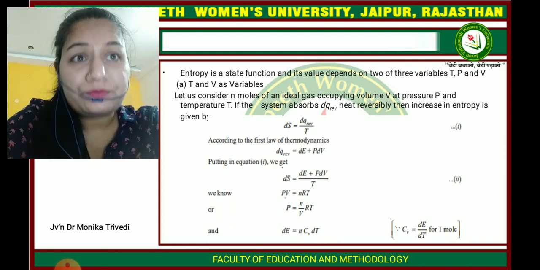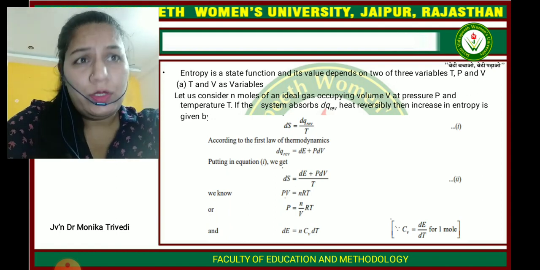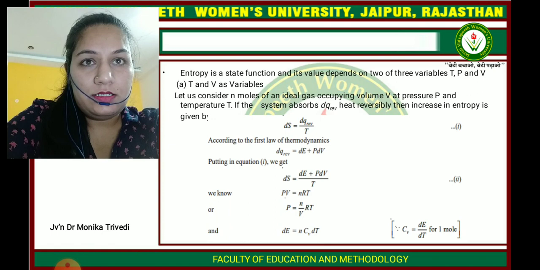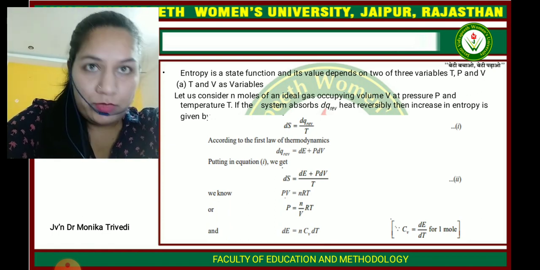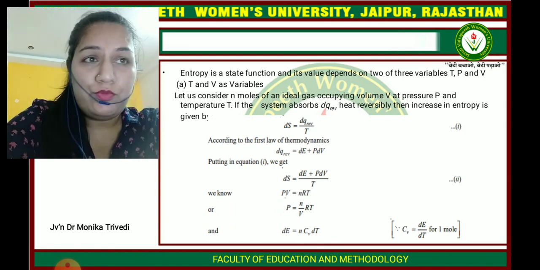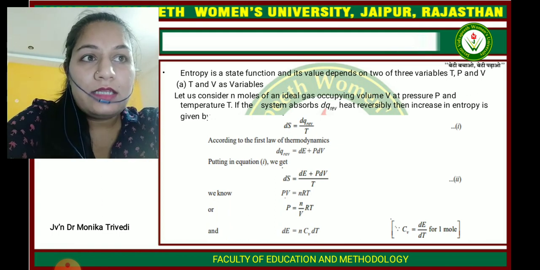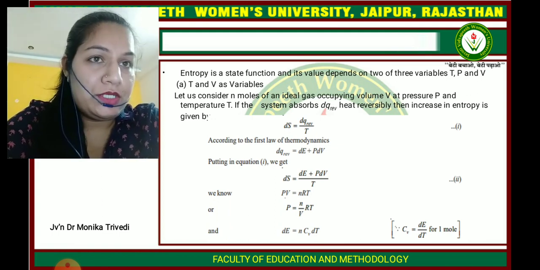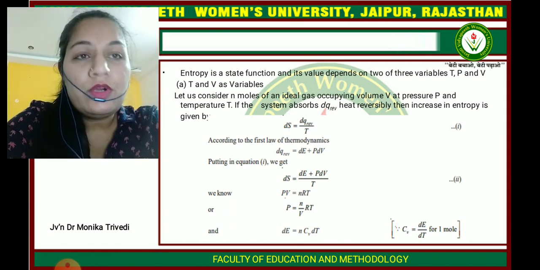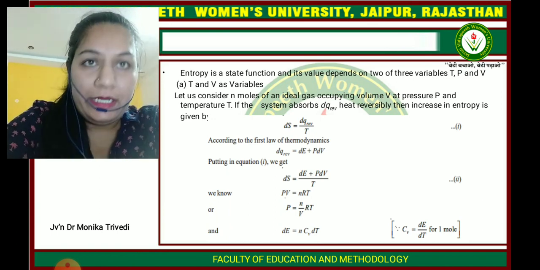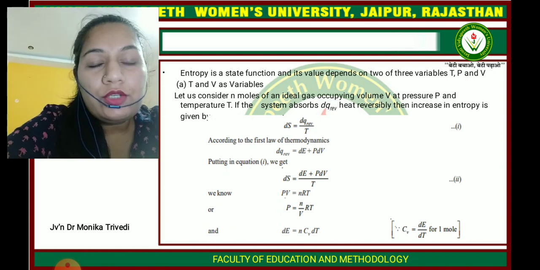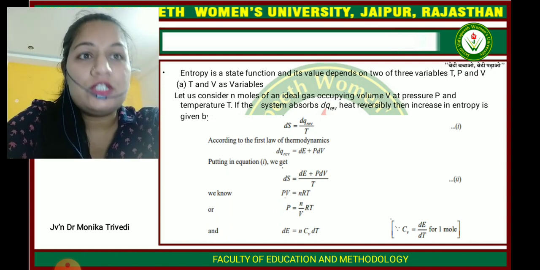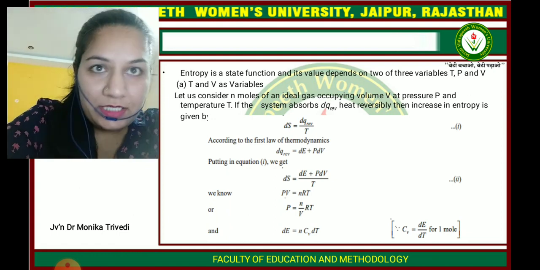If the system absorbs dq reversible heat energy, where q reversible is the energy for a reversible process, then the increase in entropy is given by the expression dS = dq reversible / T. According to the first law of thermodynamics, dq reversible = dE + P dV.